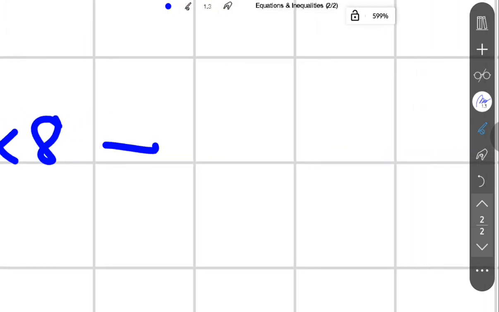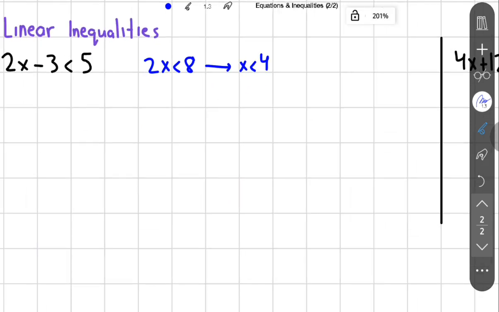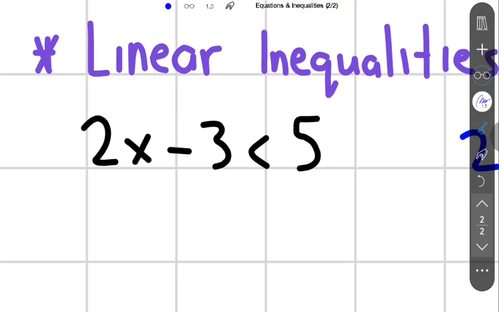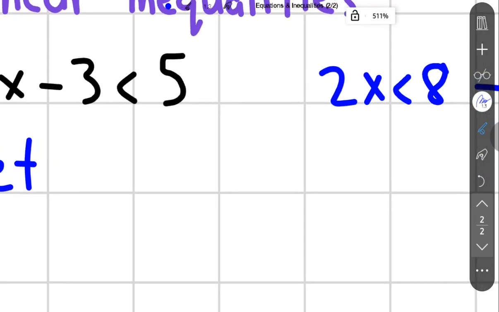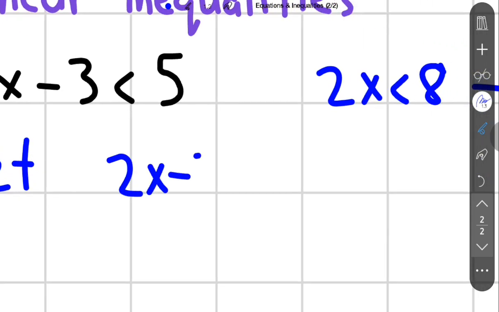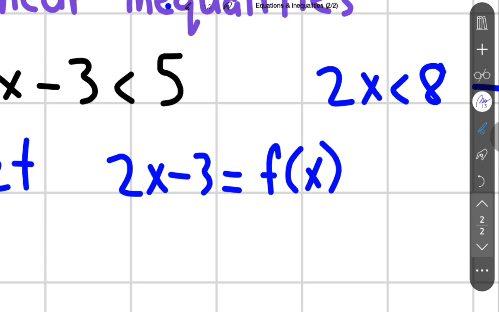And if we divide by 2 on both sides, we're left with x is less than 4. So if I were to now rewrite this expression, I'm going to let 2x minus 3 equal a function of x, or basically just another notation for it, which is y.